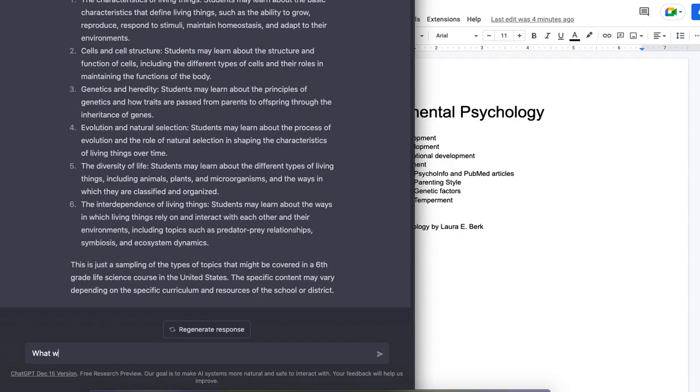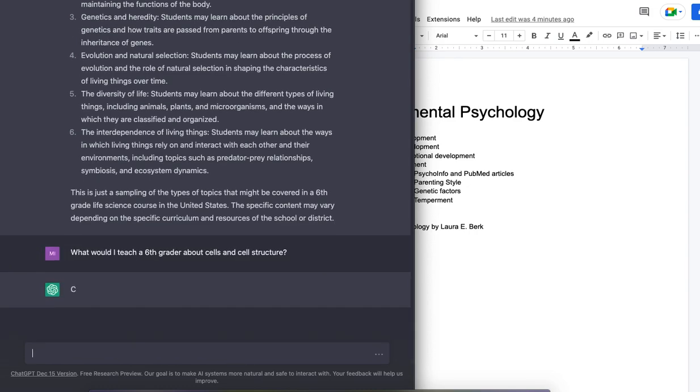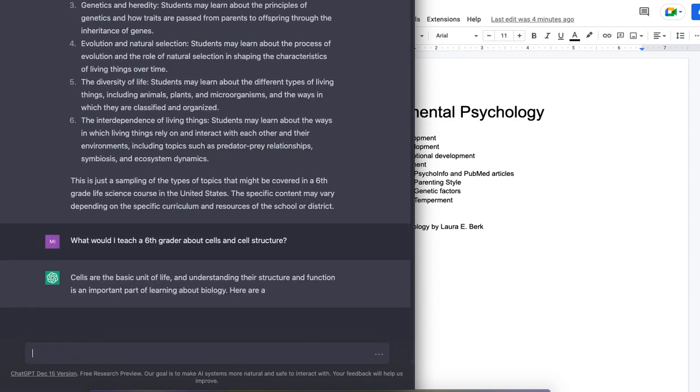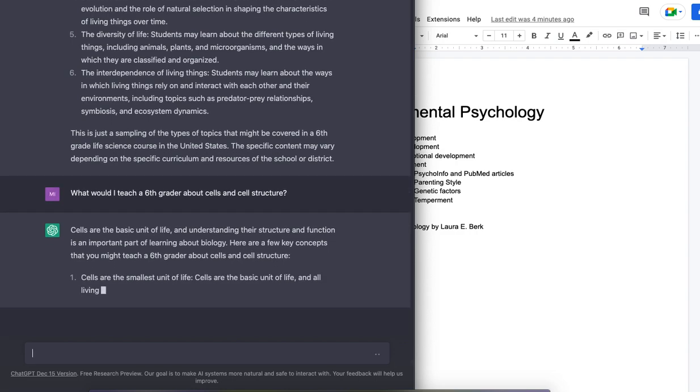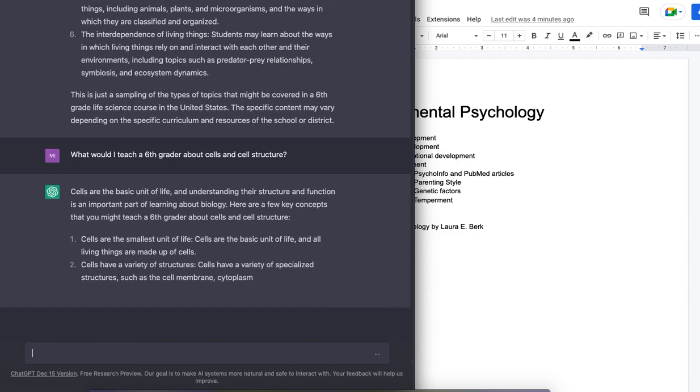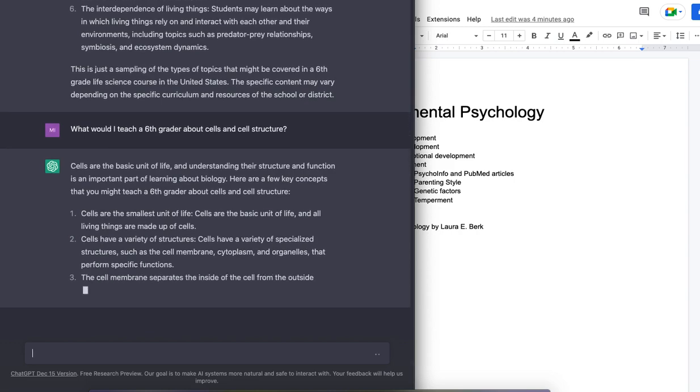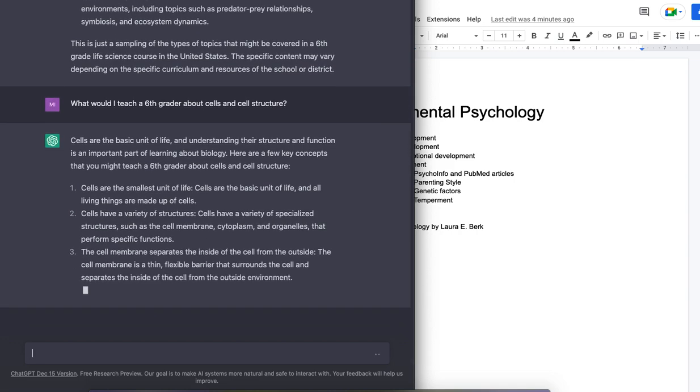So what would I teach a 6th grader about cells and cell structure? You might teach that cells are the smallest unit of life, the basic unit of all life, and that all things are made up of cells. Cells have a variety of structures.